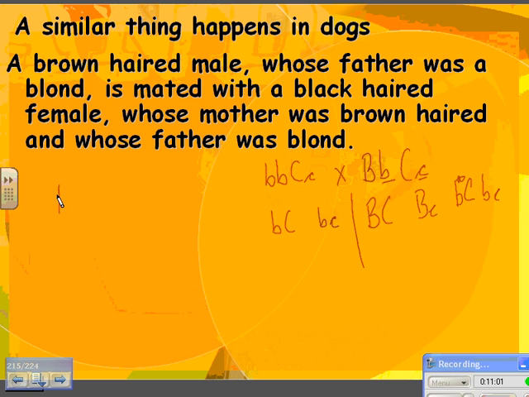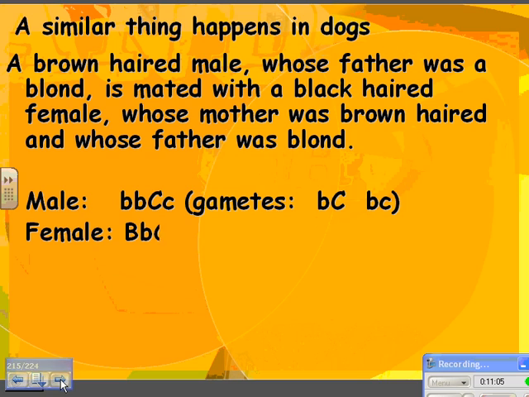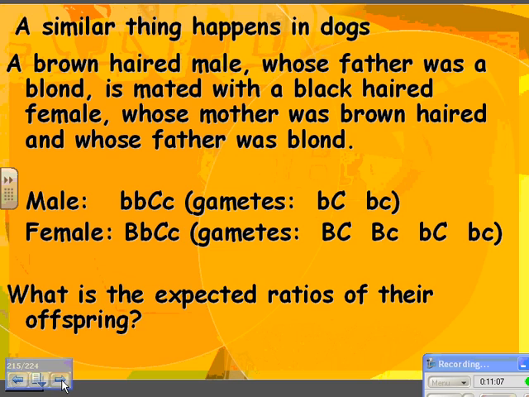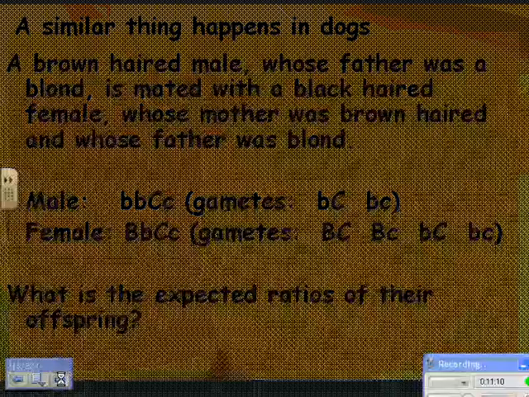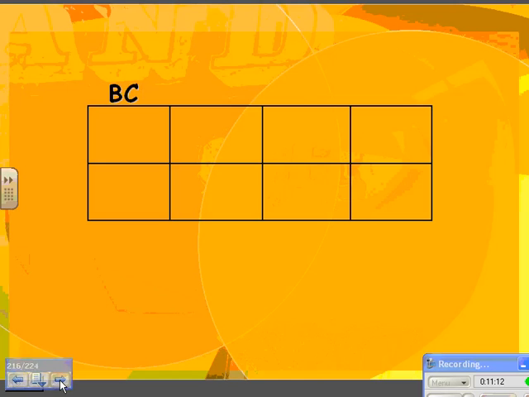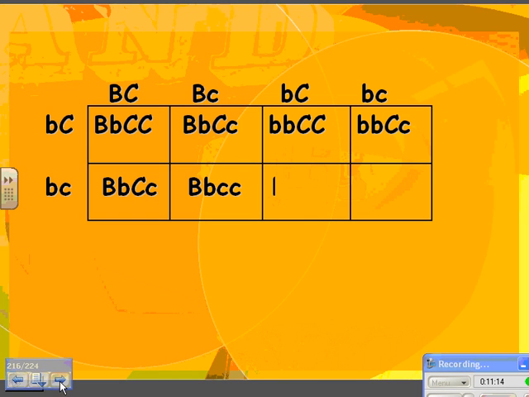I think the next page might have the whole thing done up. So what's the expected ratio of their offspring? Let's take a look at that. If you do the whole Punnett square, you could do these twice if you want to, but this is just as good. This one is black. Big B, big C, that's black.